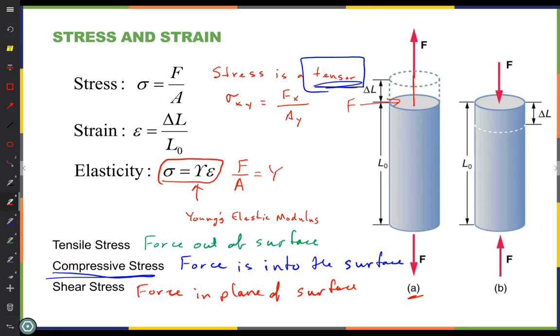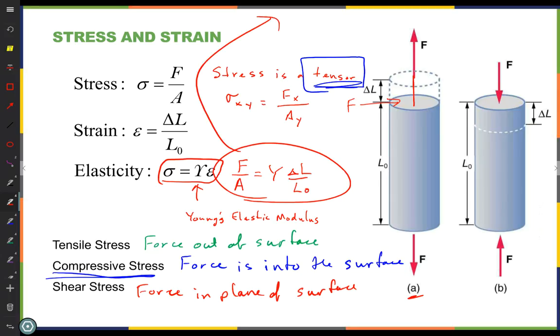It's equal to Young's modulus times change in length over the original length. If I take this equation and solve it for force, I get this equation. That is an equation we've already seen.